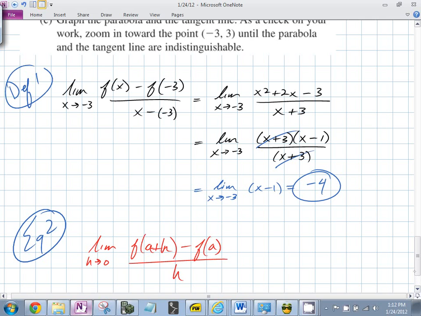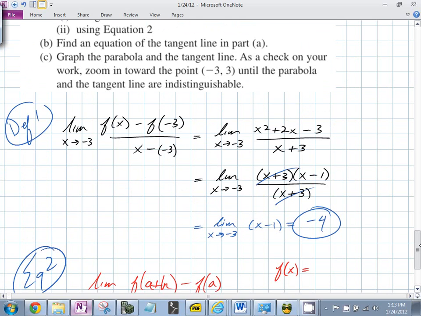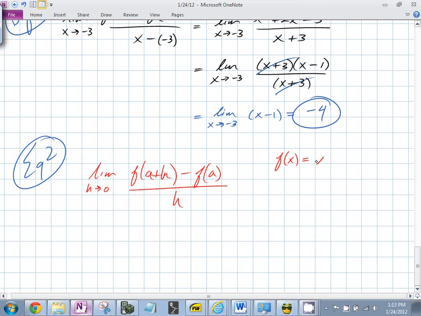We know what f of x is. What was it? Remember, f of x is equal to, what is it? 2x squared plus 2x? So now it's just plugging things in. When it says f of a plus h, where do you plug in the a plus h? In for x, exactly. So you end up with a plus h squared plus 2 times a plus h. What is f of a?